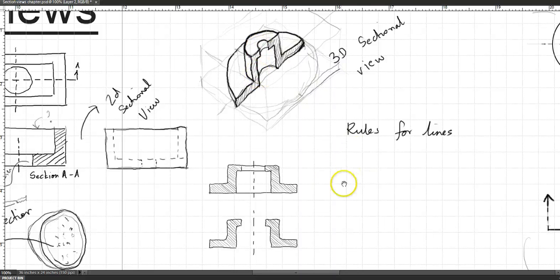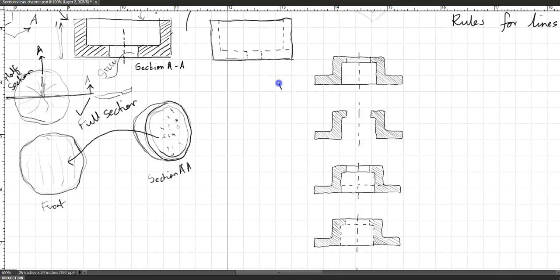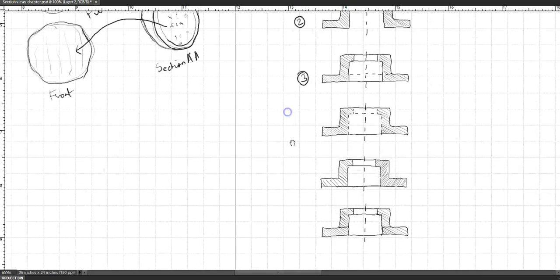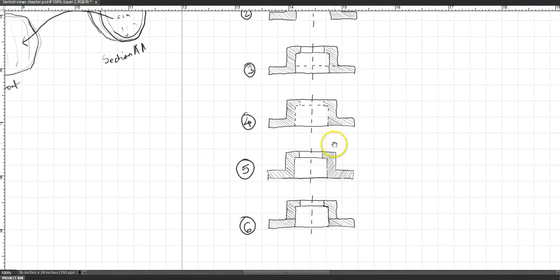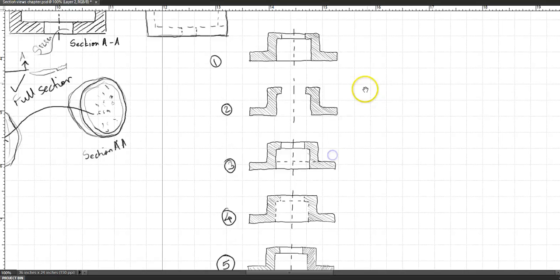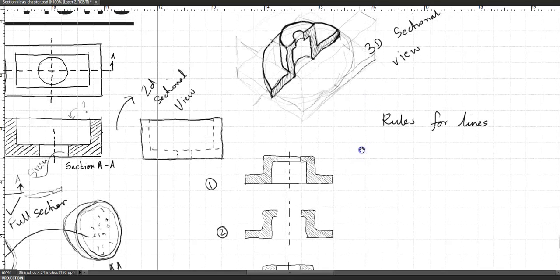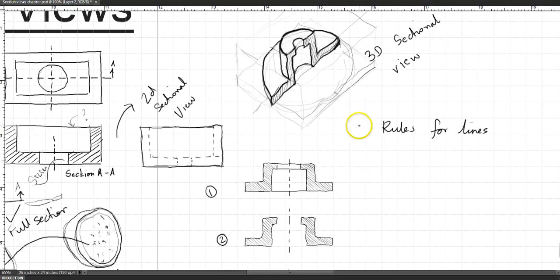So now we have 1, 2, 3, 4, 5, and 6 different options. Now let's see from the top down which one is correct and why is it correct, or which one is wrong and why is it wrong.